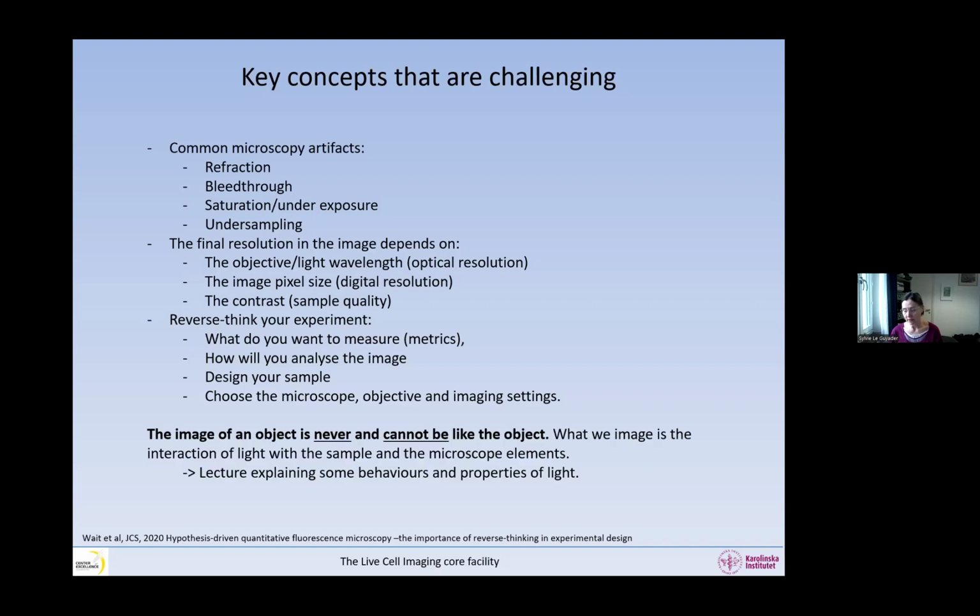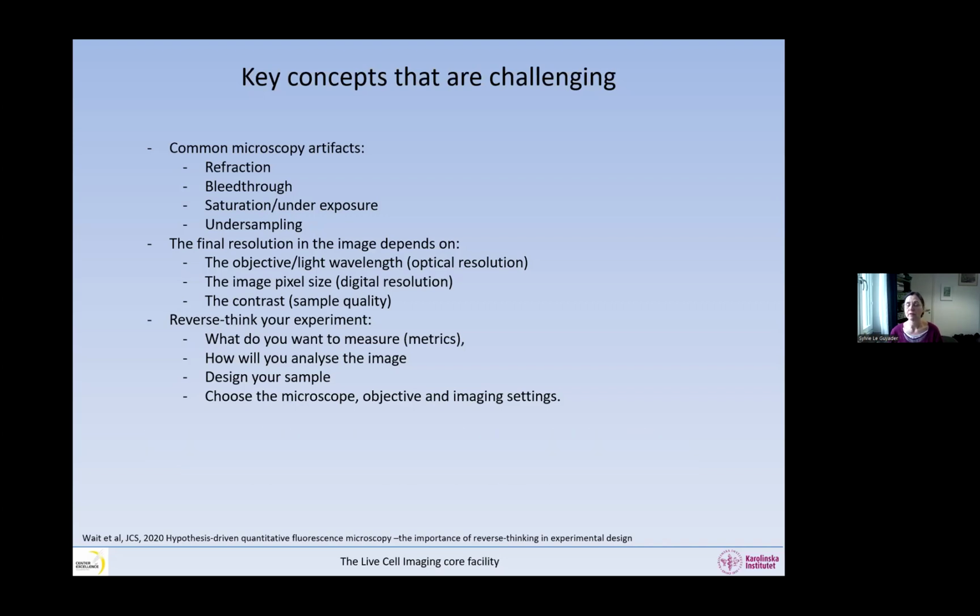And one important aspect of designing a microscopy experiment is to start with the end. So we start with the image analysis and we move backwards. This is called reverse thinking. And you can see here this reference that I have, and it's also in Canvas if you want to look at it. It's a very interesting article that crystallizes the way you want to organize your experiment.